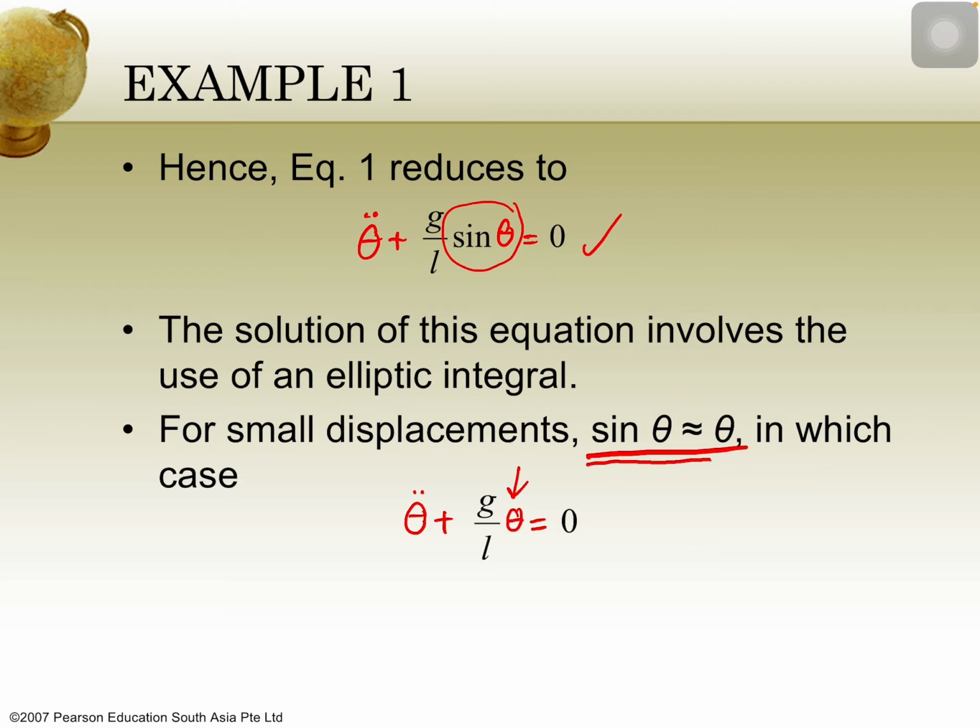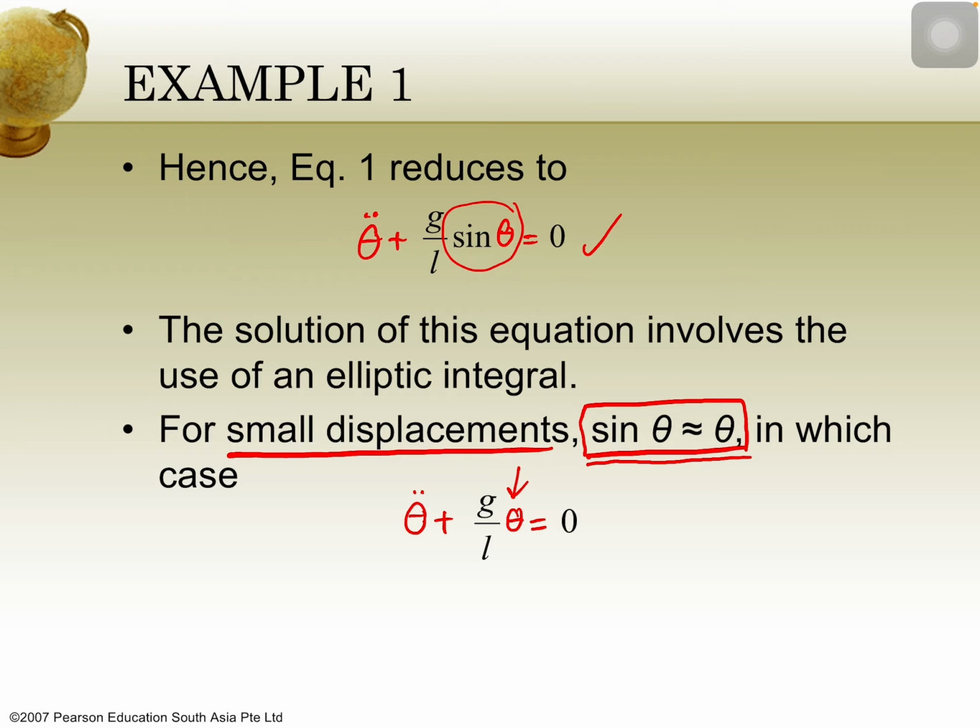So you need to know this assumption. Sometimes we use cos, sometimes we use sine. I will tell you about this later on. So this is the first formula that you can use. When the displacement is small, sine theta is equal to theta.